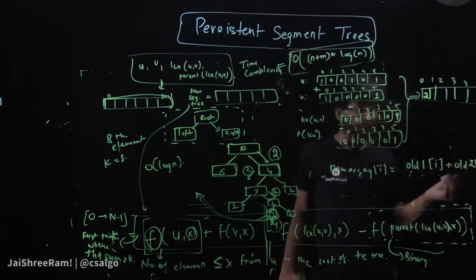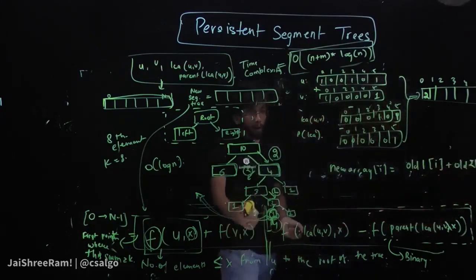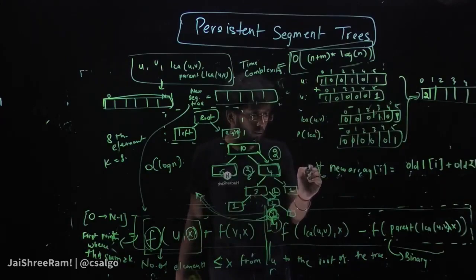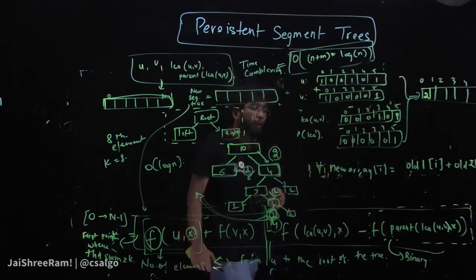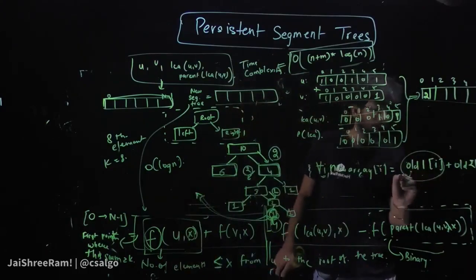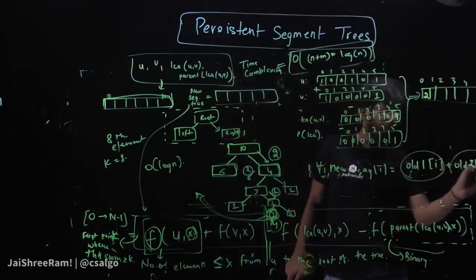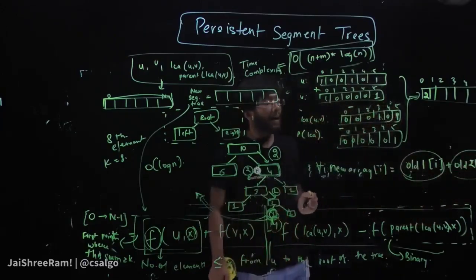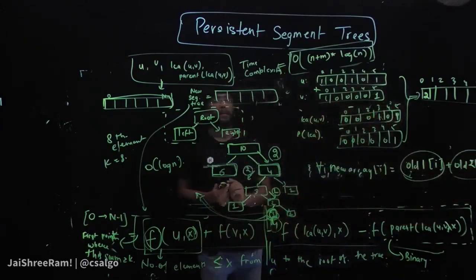So if I were to add 2 arrays to form a new array, then I need to perform this for all i. For all i, new array of i is equal to the value at old 1 at that position and the value at old 2 at that same position. So this is how things work.